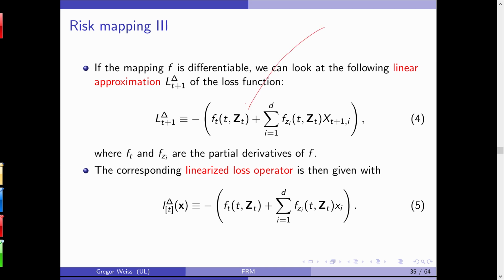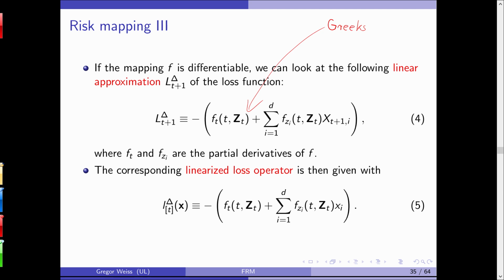This is a prime example in which you can apply the so-called Greeks from option pricing. We will see this later on.